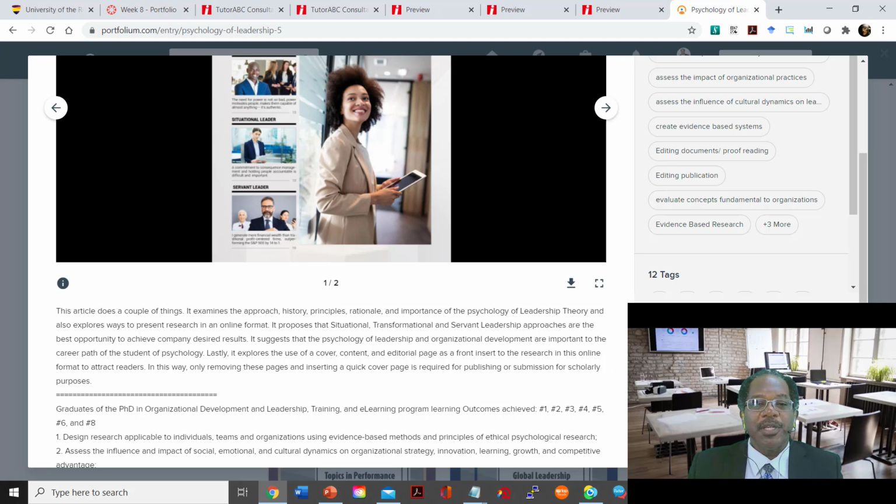It examines the approach, history, principles, rationale, and importance of the psychology of leadership theory. It also explores the ways to present research in an online format. It proposes situational, transformational, and servant leadership approaches as a best opportunity to achieve the company's desired results.